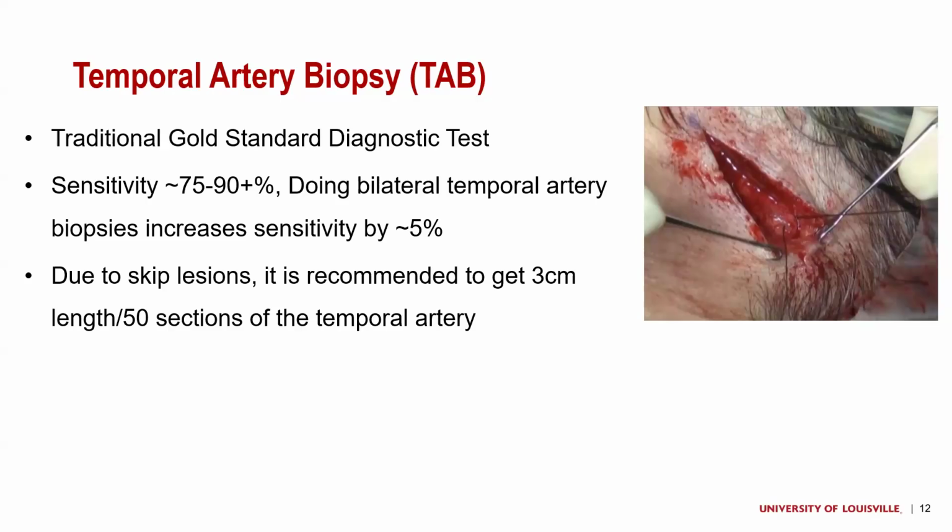And because of these skip lesions, whenever people get a biopsy, it is recommended to get 3 centimeters of length at least, and at least 50 sections of the temporal artery. Now, talking to pathologists, it's very rare to actually encounter a situation where the skip lesion would cause a change in diagnosis, but it's something that's been taught for a long period of time. And also, there are at least probably a few patients for whom this does increase the yield.